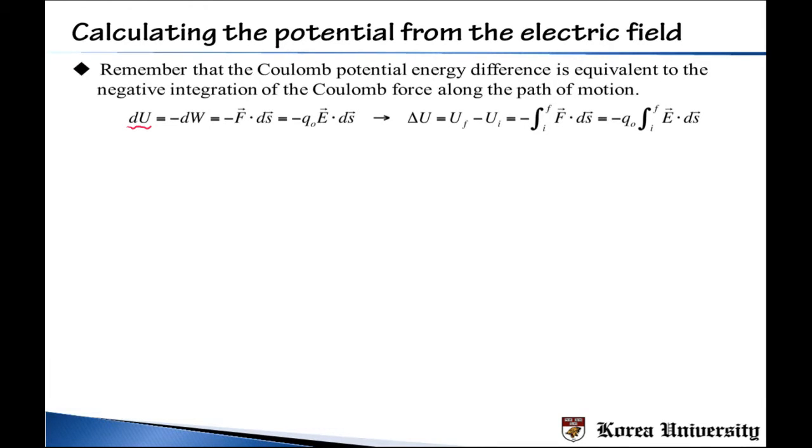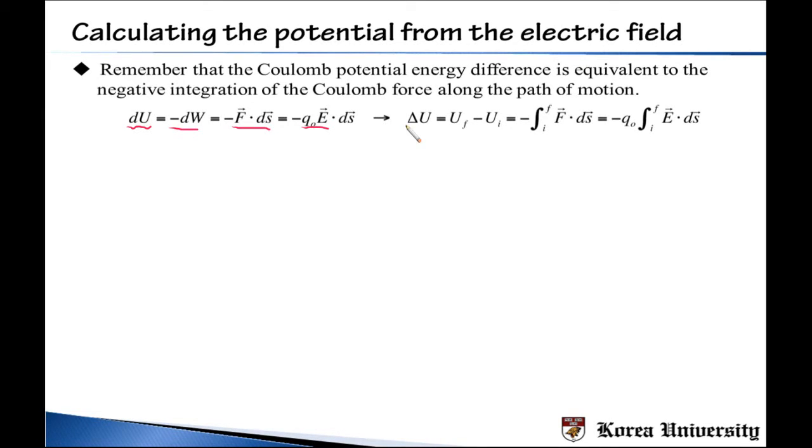The small change in the potential energy is equal to the negative of the small work done by the Coulomb force. The work done is the force dot product with the displacement. In this problem, the Coulomb force can be written as the test charge multiplied by the electric field, right? And then we integrate this equation from the initial position to the final position.